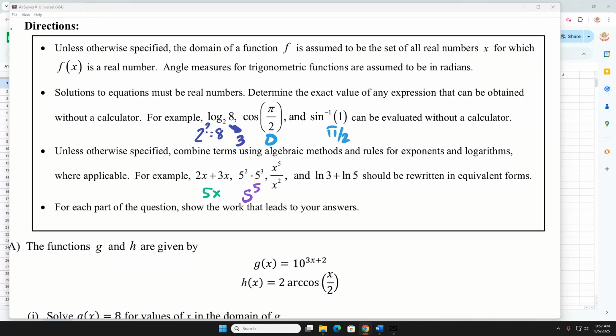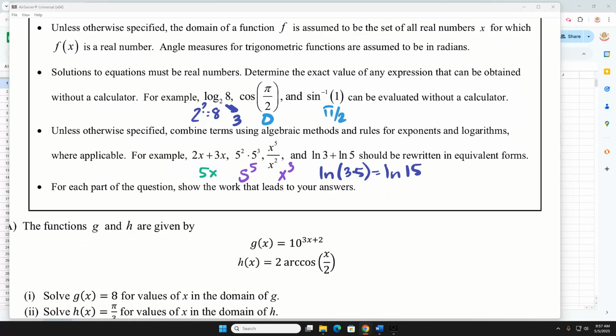Also, if it's division, they would want you to go ahead and subtract those exponents. If you have two logarithms added to each other, what do you use to bring them together? Multiplication. They would want you to change that to the natural log of 15. So if you can do something without a calculator, then they want you to do it to simplify it. They do assume that angles are in radians.